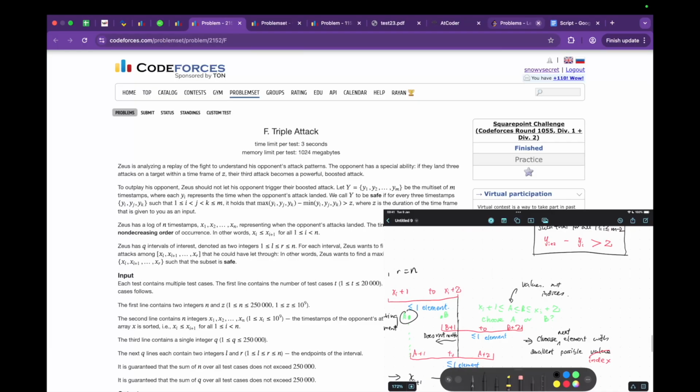We still have to fulfill the condition that for every two elements that are 2 steps apart, their difference must be greater than z.